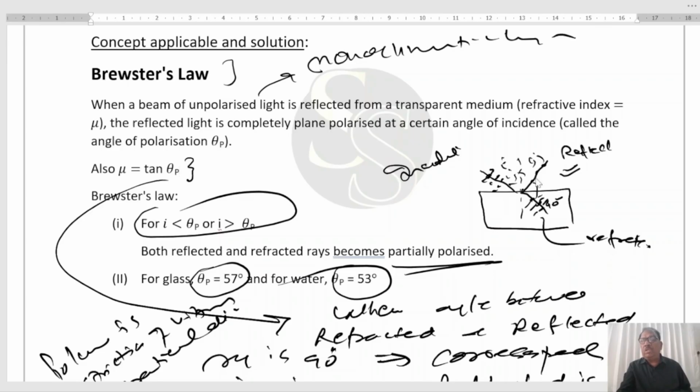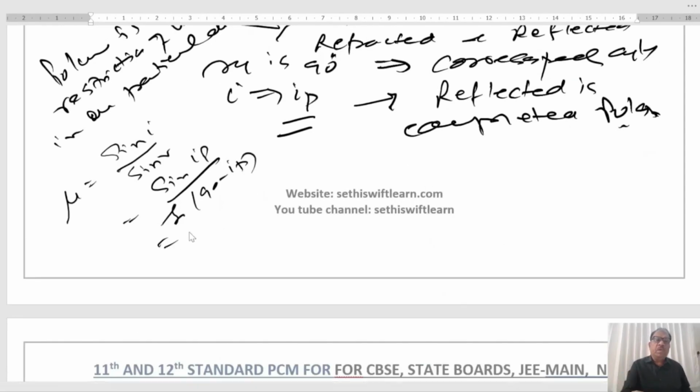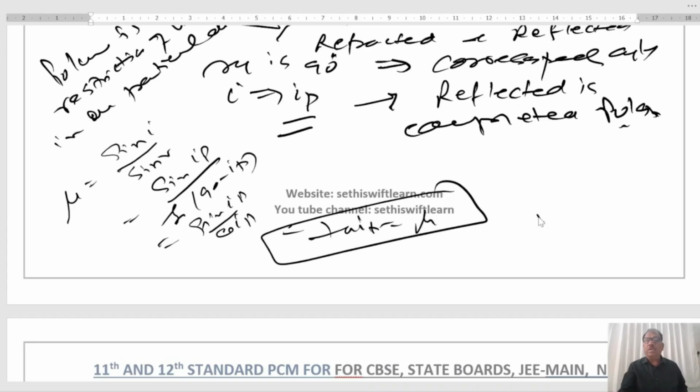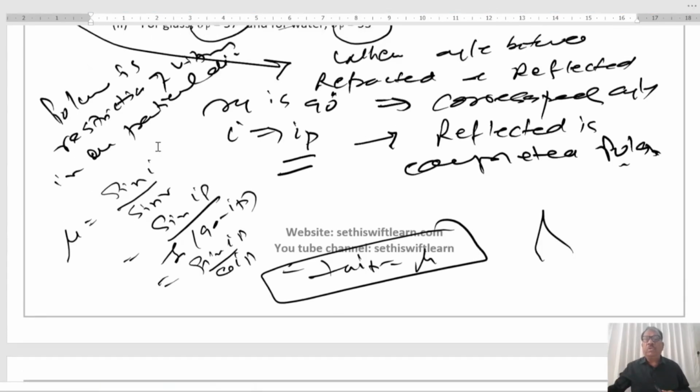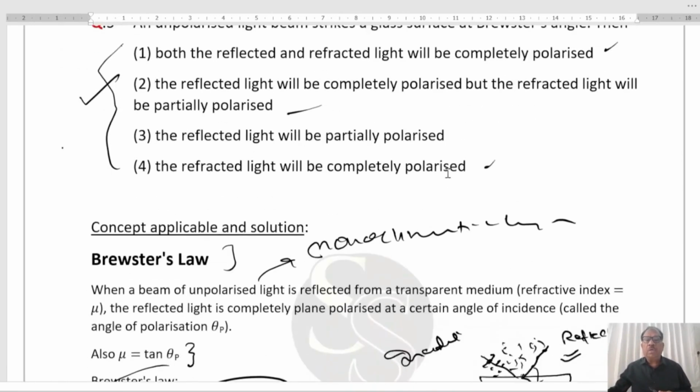Then this is 90 degree. We can find all the things from here. So this comes out to be sine IP upon cos IP, that is tan of IP, that is mu, right? I have provided a number of additional pieces of information related to this question, right?